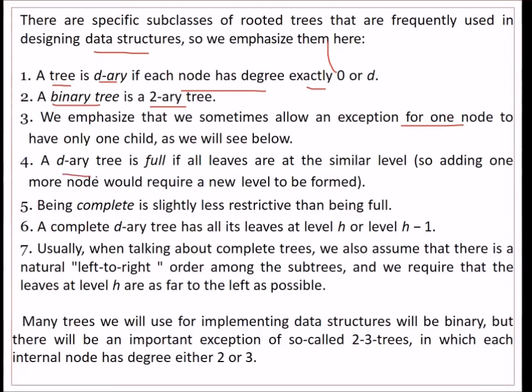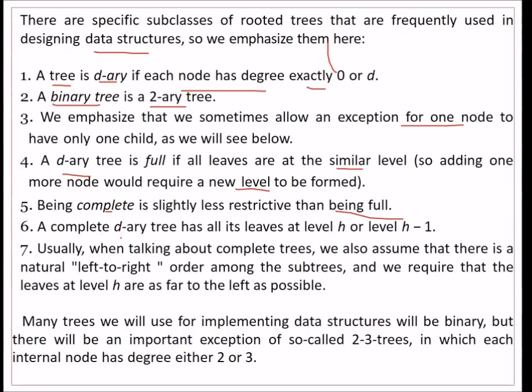A D-ary tree is full if all leaves are at a similar level. That is, adding one more node would require a new level to be formed. And what do we mean by complete? This is slightly less restrictive than being full. Full does not mean complete, and vice versa.